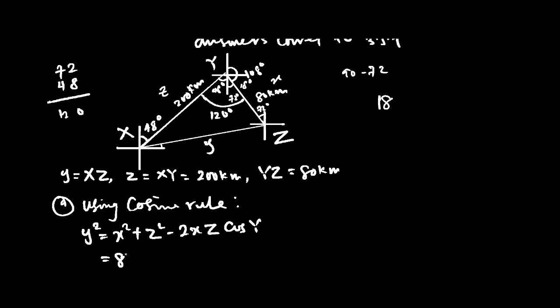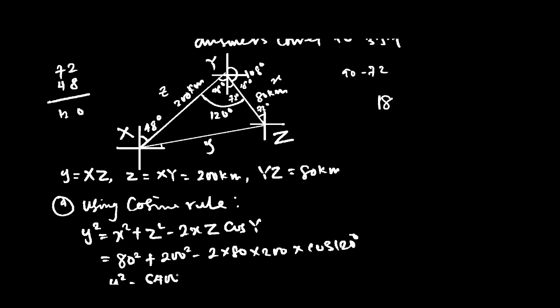So this in turns equal 80 square plus our z 200 square minus 2 times 80 times 200 times cos of 120 degree. So y square is equal to 6,400 plus 40,000 plus 32,000. Are you following? Cos of 60.